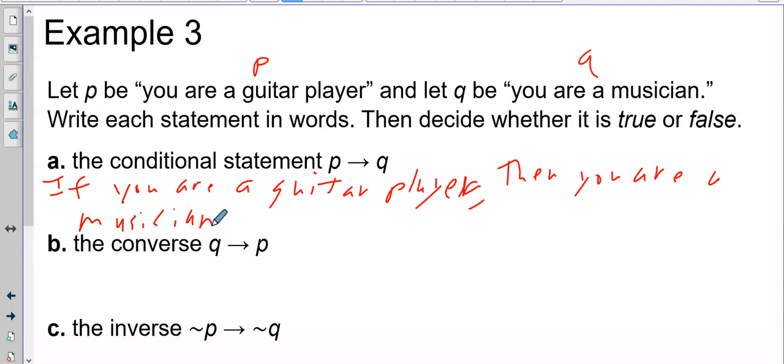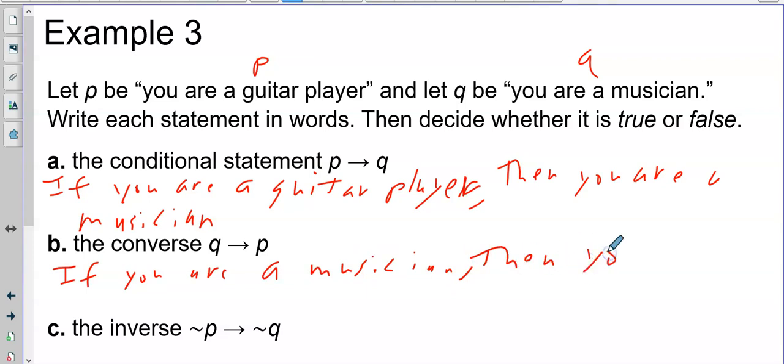Now the converse, we just flip it. If you are a musician, then you are a guitar player.